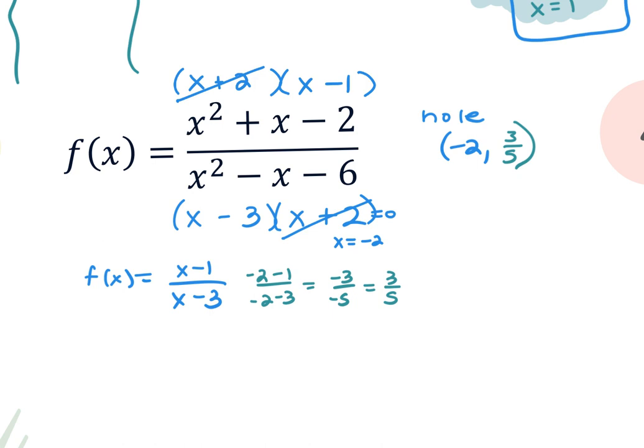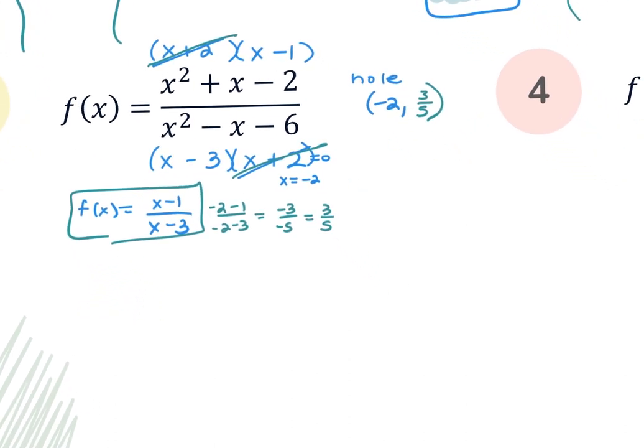That means on my graph, there is literally a hole in the curve at that point. How'd you get 3/5? I plug the -2 into the updated function. So after I cross this out, this is what's left, x minus 1 over x minus 3, and you plug the -2 into the x.